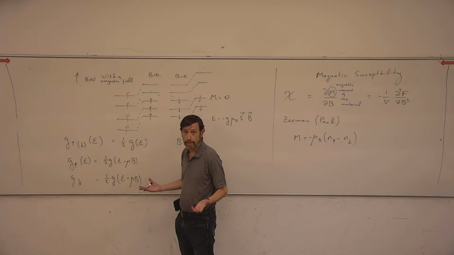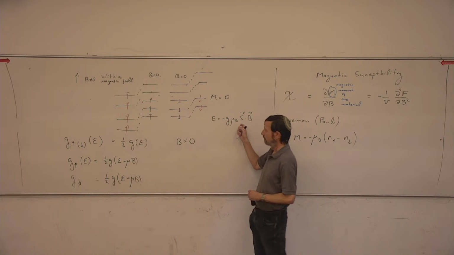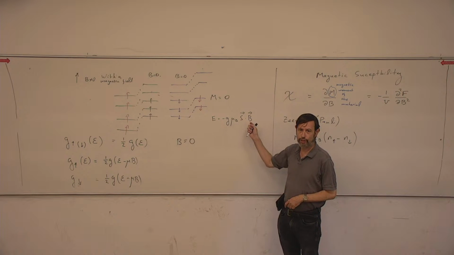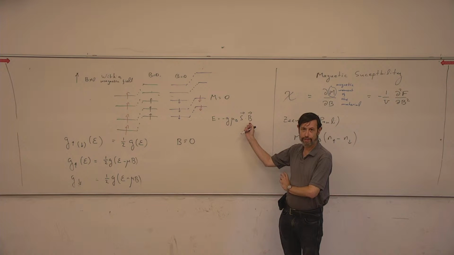All it says is that when I'm putting in an electron, it will be shifted either by minus mu B or by plus mu B. Why I'm writing mu B and not what happened to the g and all that's written here?